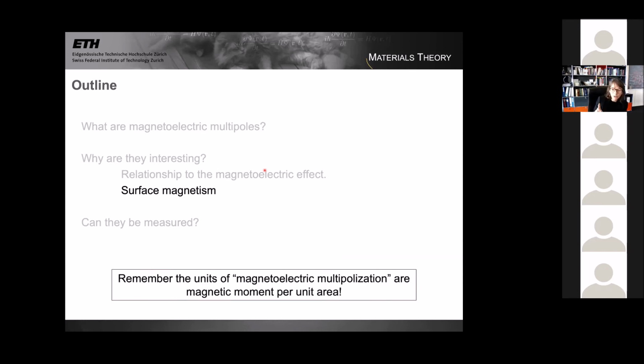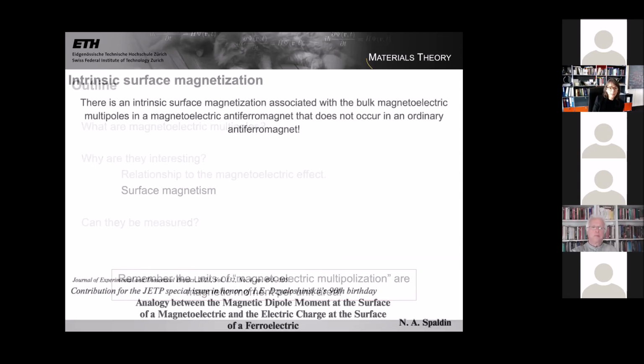And again, remember the units of the magnetoelectric multipole per unit volume, which we could call the magnetoelectric multipolization, are magnetic dipole moment per unit area.